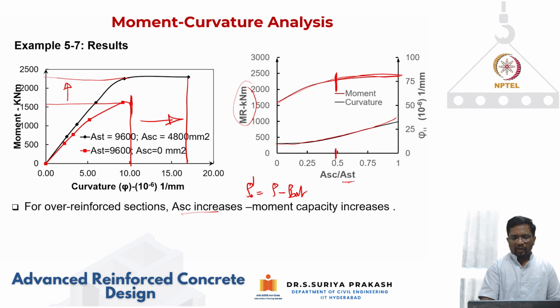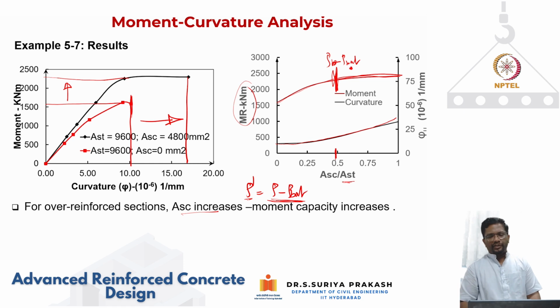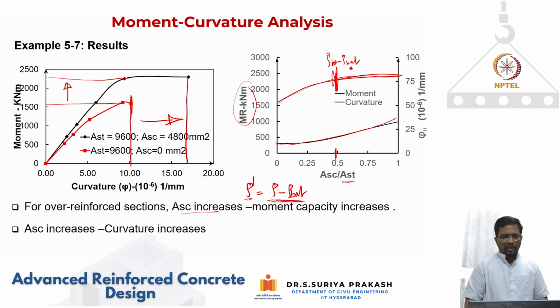But if you're putting rho prime more than this, then you're not going to get much. That's what we are saying. So this roughly corresponds to your rho prime, which is your rho minus rho balanced. You're not going to get much increase in your moment capacity. As ASC is increasing, of course, you're going to get an increase in your curvature at failure.